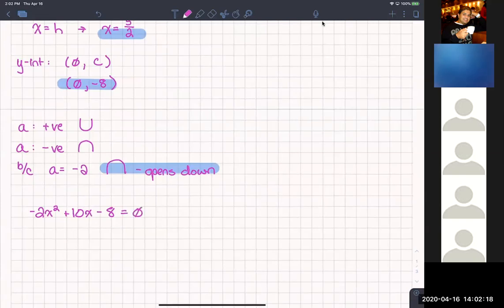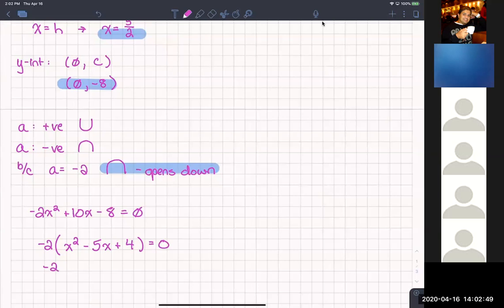You first factor out a negative and any GCF, greatest common factor, and all of these terms are divisible by 2. So we can factor out a 2 and a negative, and we have to factor out a negative in order to make this part positive so we can factor. So when we factor out a 2, we get negative 2 times x squared minus 5x plus 4.